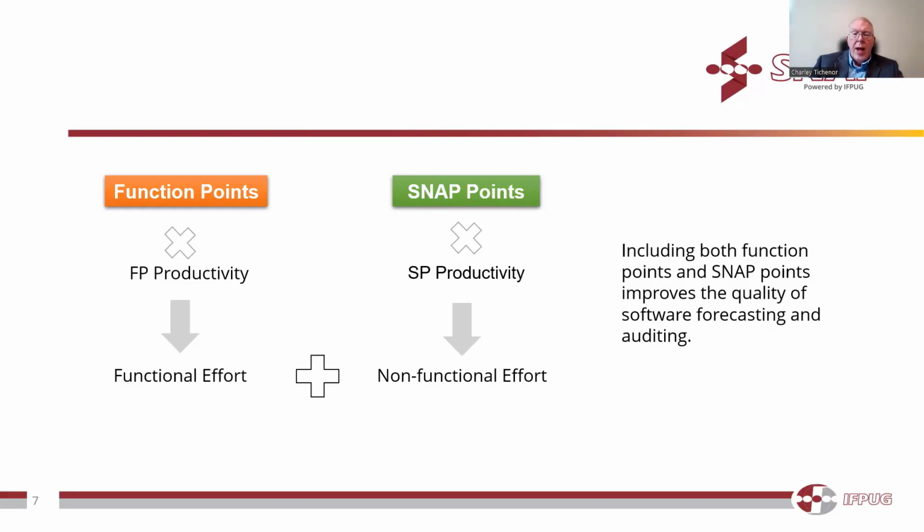So take the number of SNAP points, multiply it by your SNAP point productivity rate, and you'll have the work effort for the non-functional portion of the effort to develop your software. Including both function points and SNAP points improves the quality of software forecasting and software auditing.